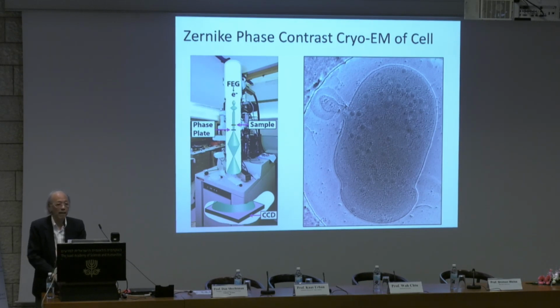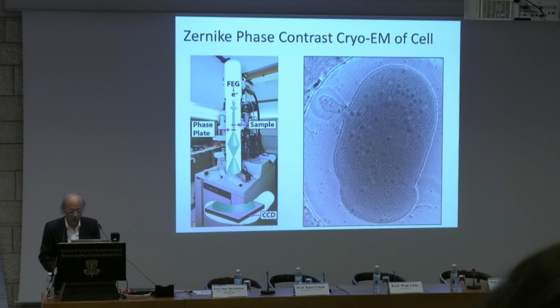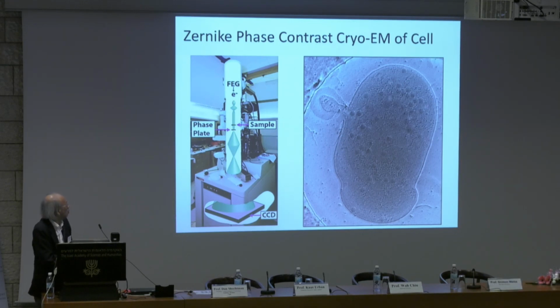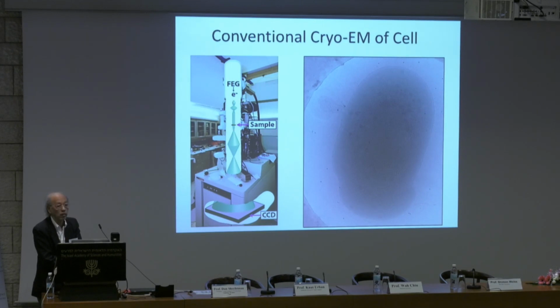It is the same idea: we put a phase plate, which is actually a thin carbon film with a hole in the middle, in such a way that the scattered wave and the unscattered wave are separated by a pi over 2 phase shift, in such a way that after you put the phase plate, the contrast substantially improved compared to without the phase plate. So I think this image contrast enhancement is really substantial.